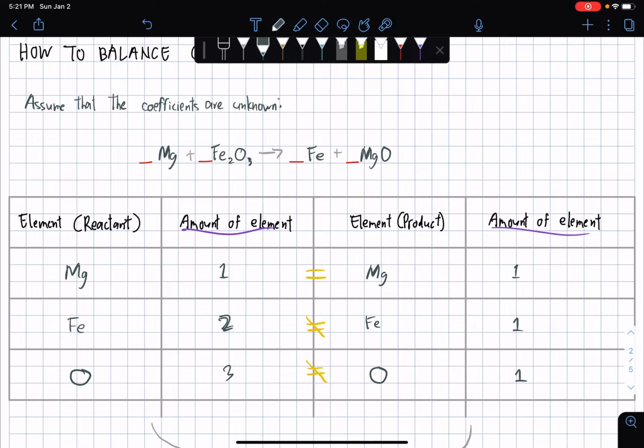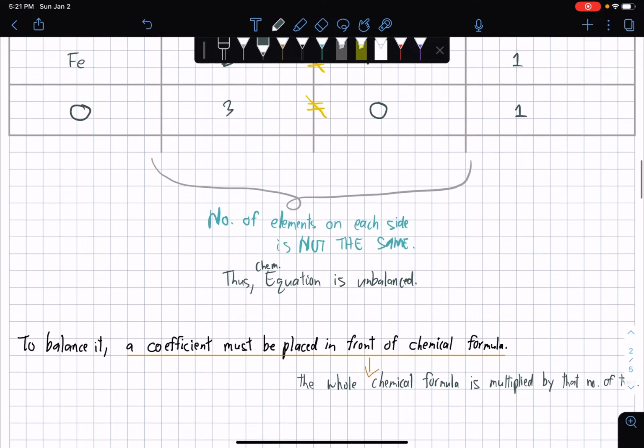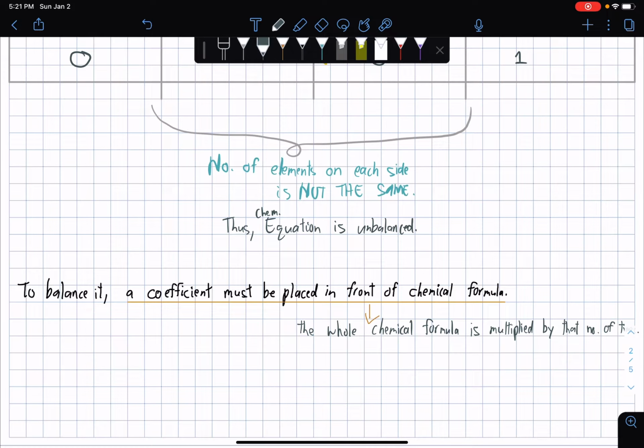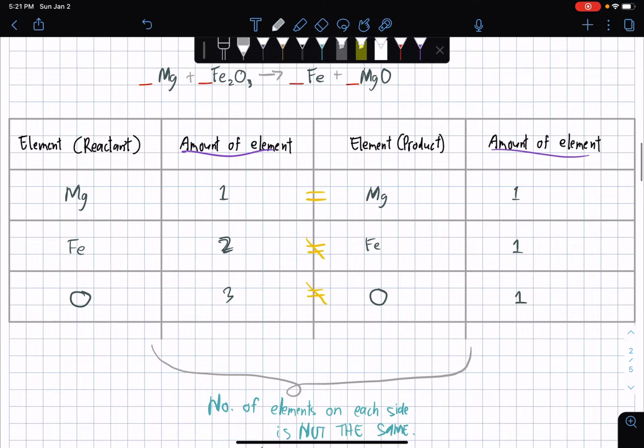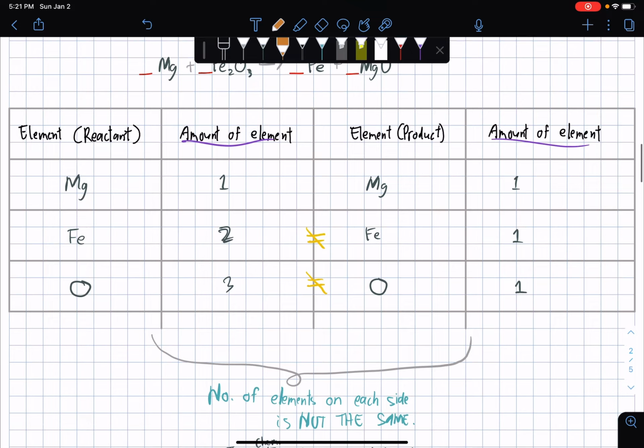Alright, let's go back to our lesson. The number of elements on each side is not the same. Well, for magnesium, they're equal, but we won't consider that as equal as of now, because with how we are to balance chemical equations, it's going to affect magnesium in some way.